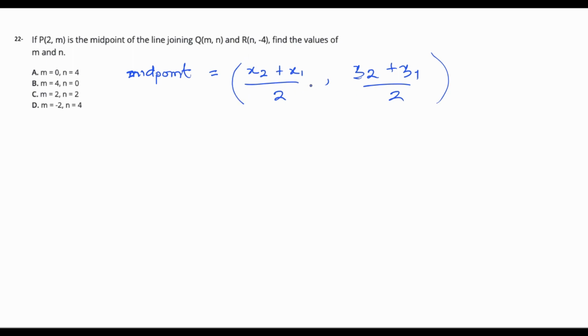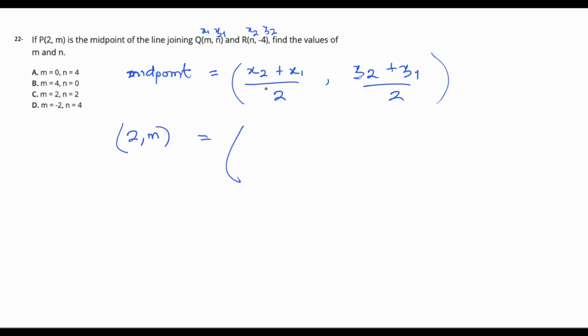So this gives us the coordinate of the midpoint. But the coordinate of the midpoint, we already have it here. We're given it as 2m, which is point P. And the line itself, we're given here as well. The line is connected by points Q and R. So this is our x1, this is our y1, and this is our x2, and this is our y2.